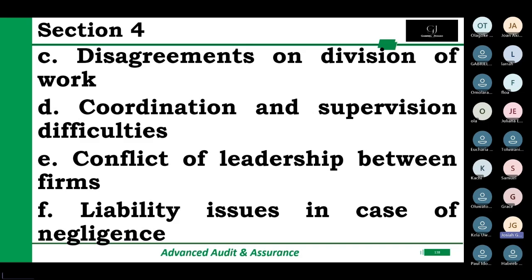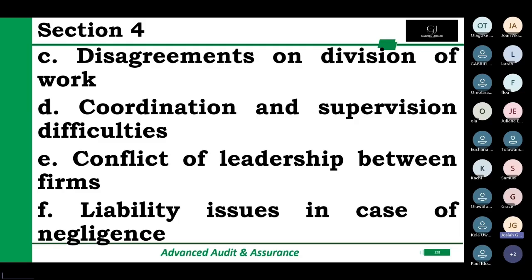Coordination and supervision difficulties could crop up for joint audits. Conflict of leadership between firms, between engagement partners, between audit managers, engagement quality reviewers could stem up. And liability issues in case of negligence: who is culpable, who is liable?